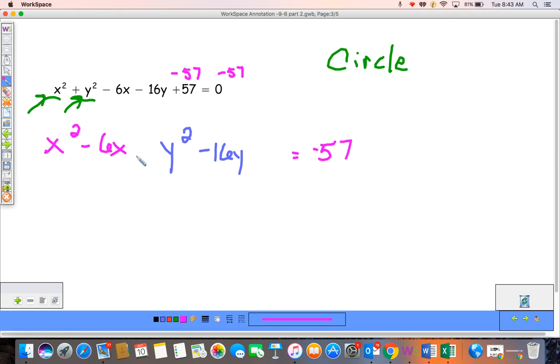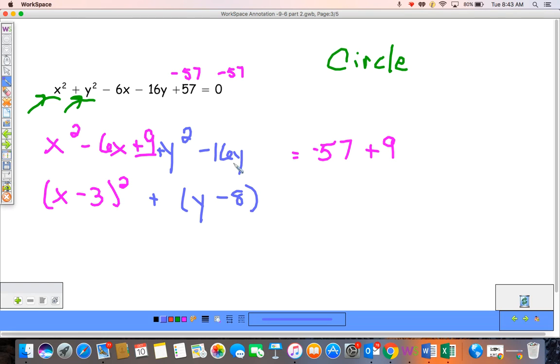Let's complete the squares for the x. Nothing to factor here since there's no coefficient out front. So that'd be -3. So that's got to be what, a +9? So we're going to add 9 over here. For the y's, that is plus y squared. So plus, this would be what, a y -8, half of 16, and then we got to add 64 here.